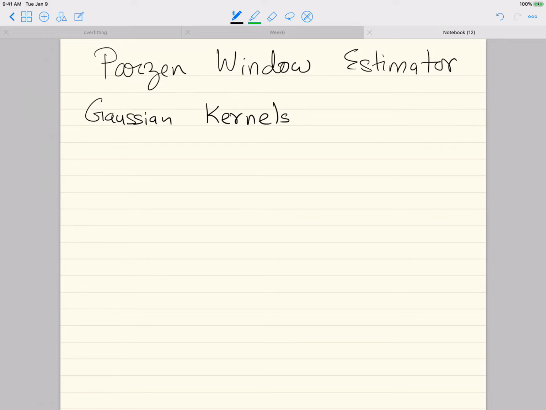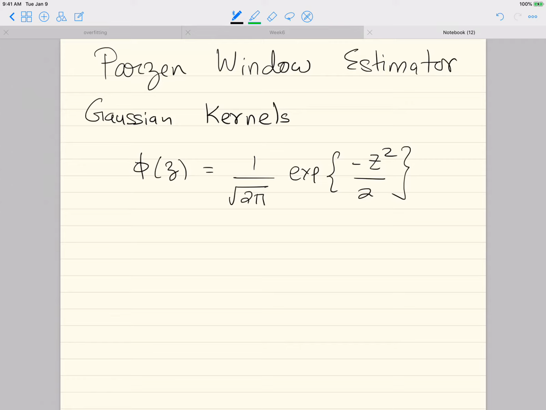So phi of z is defined as 1 over root 2 pi exp minus z square by 2. This is the PDF of a Gaussian random variable with zero mean and unit variance.